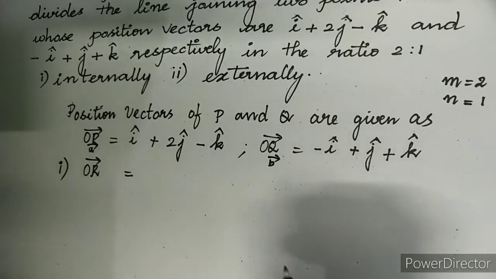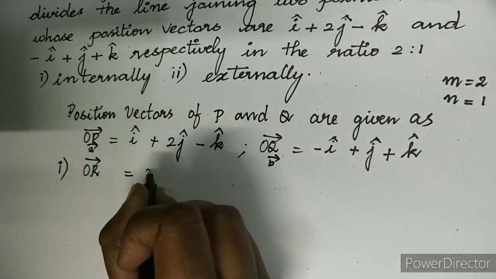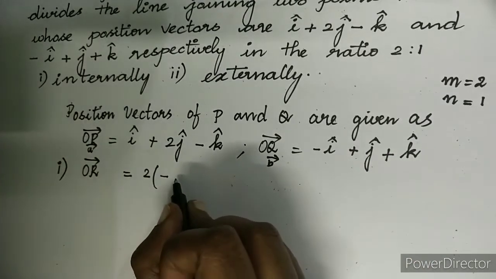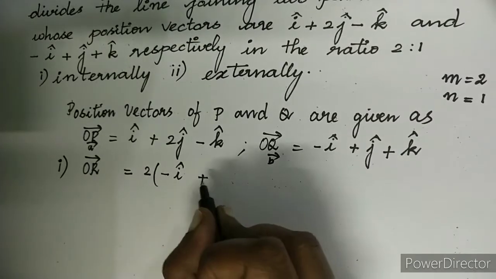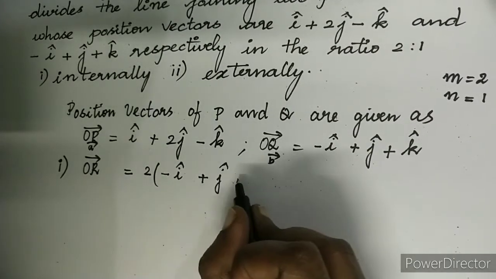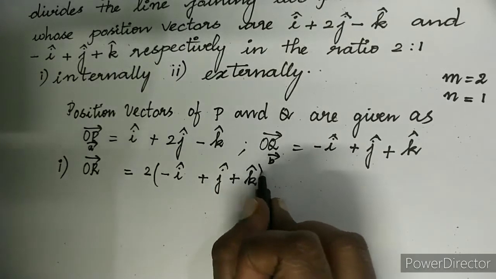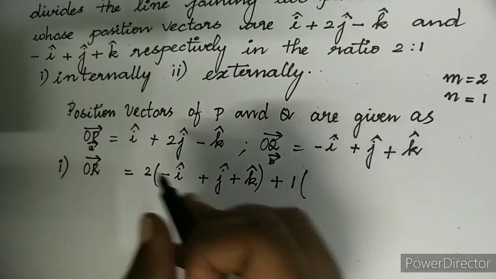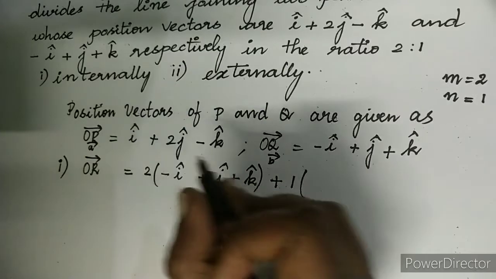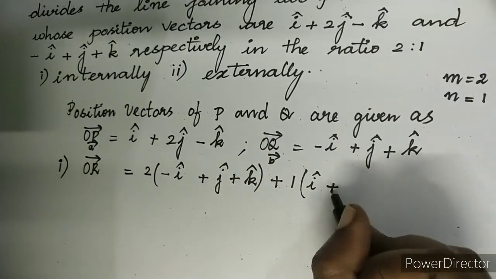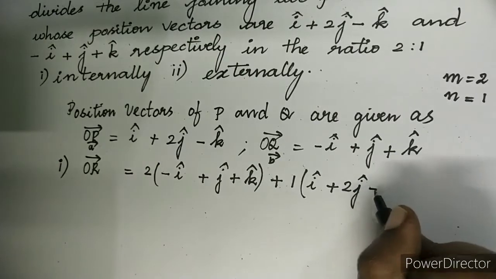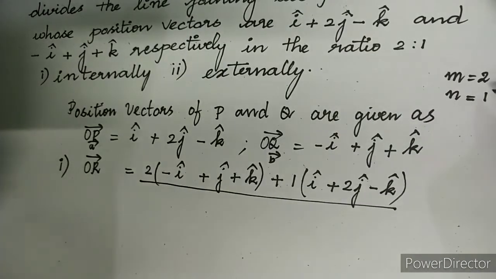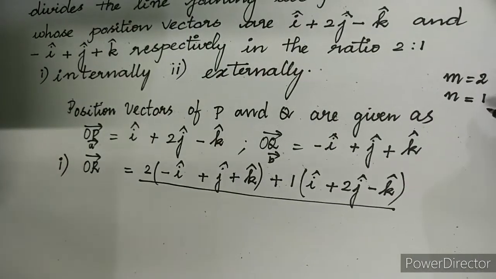So if you substitute in the formula, we are having m into, that is 2 into our OQ vector, minus i cap plus j cap plus k cap, plus n into, our n is 1, so 1 into our a vector is OP vector, that is i cap plus 2j cap minus k cap, divided by m plus n, that is 2 plus 1.